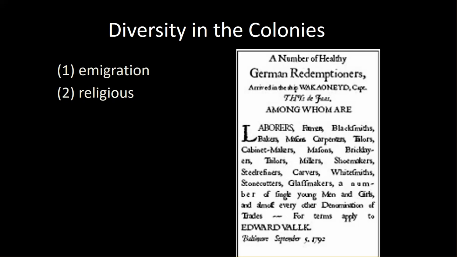Of those new immigrants who weren't neighbors and technically part of the empire, Germans made up the largest percentage. About 110,000 people from the German states came. Most of them came from the Rhine Valley, and they usually came to escape religious persecution. Germany was not a unified country at this time.